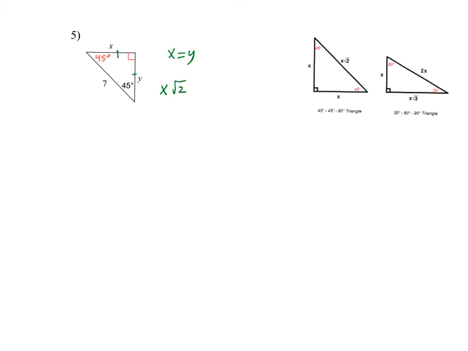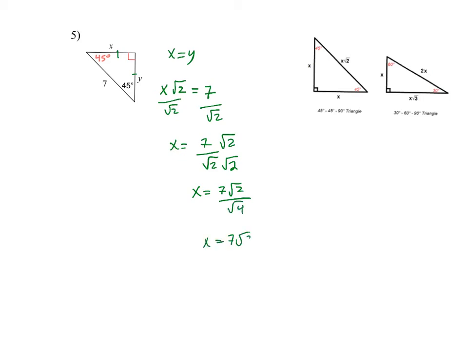So in this case, x square root of 2 equals the hypotenuse, which is 7. So I'm going to solve for x. I'm going to rationalize the denominator by multiplying the numerator and denominator by the square root of 2. So 7 square root of 2 over the square root of 4. So x equals 7 square root of 2 over 2. And y is exactly the same, 7 square root of 2 over 2.